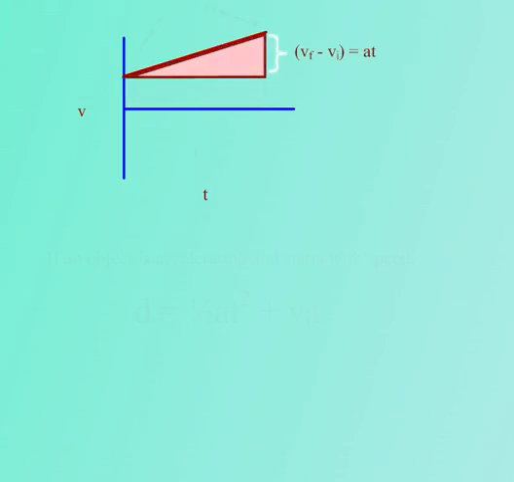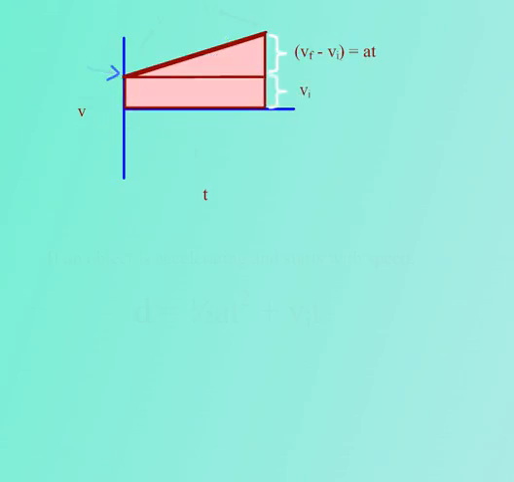And if you look carefully, you recognize it's the same as finding the triangle on the previous page. We ended up multiplying at times t and then cutting it in half because otherwise we'd be finding this whole rectangle. So we get half at squared, but this time, since the object started with a vi that's not 0, the object would also cover this area.